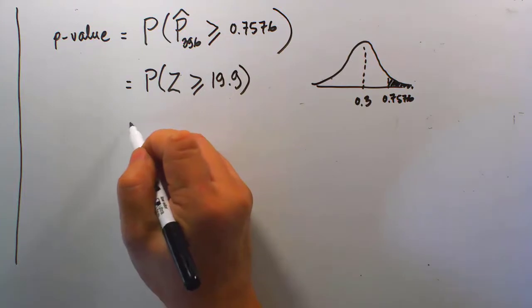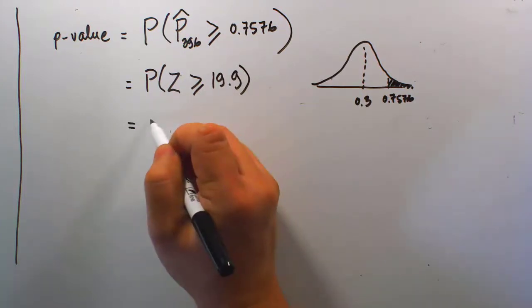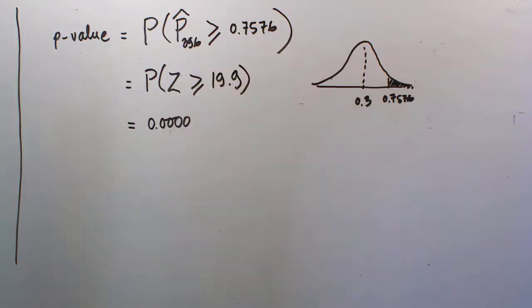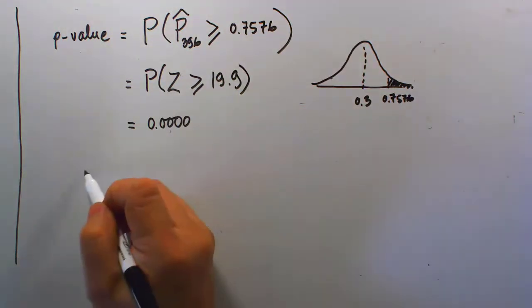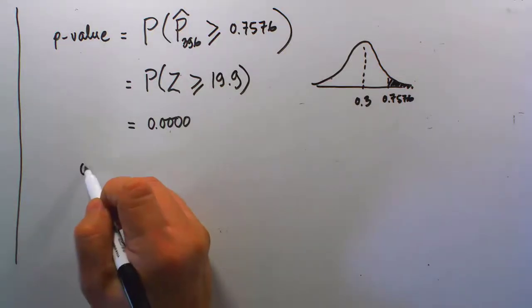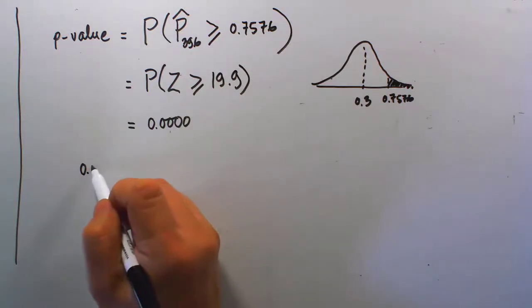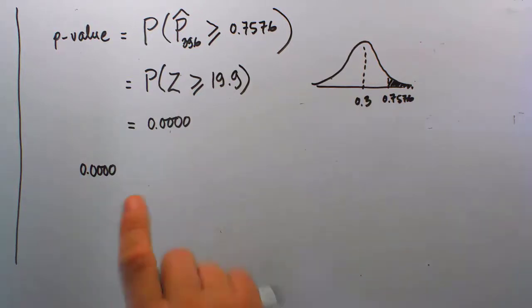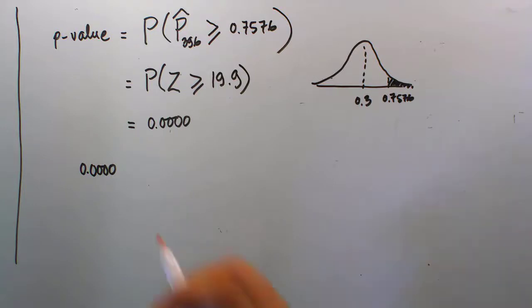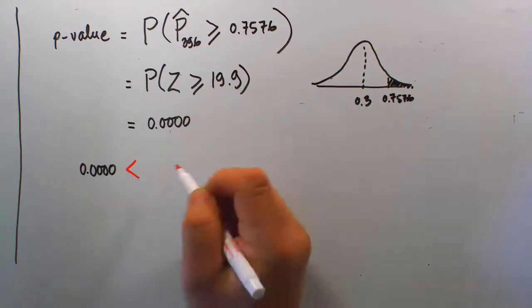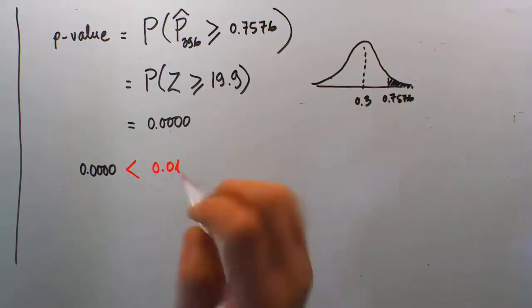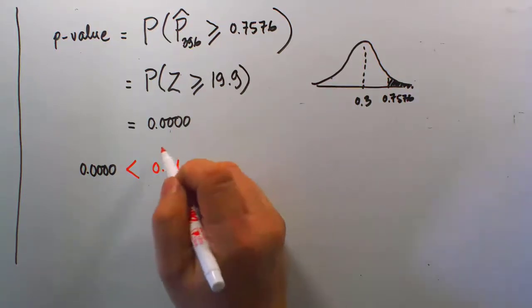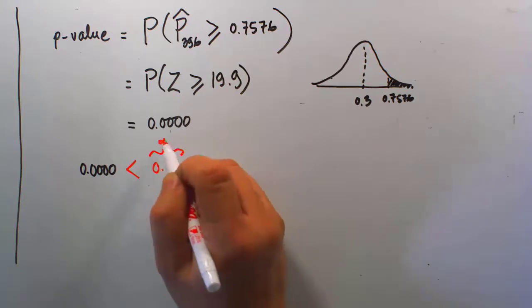And so we came to our final p-value being 0.000. Okay, and I further pointed out that our current calculated p-value is well less than 0.01, the significance level given in the problem. So this is our alpha value right here, the significance level alpha.